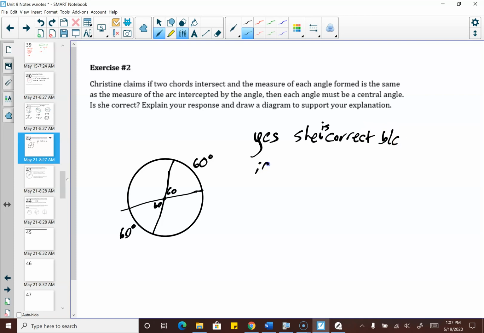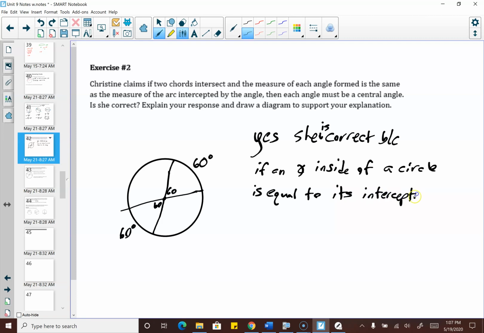because if an angle inside of a circle is equal to its intercepted arc, an intercepted arc is just the one it opens up to, it must be a central angle.